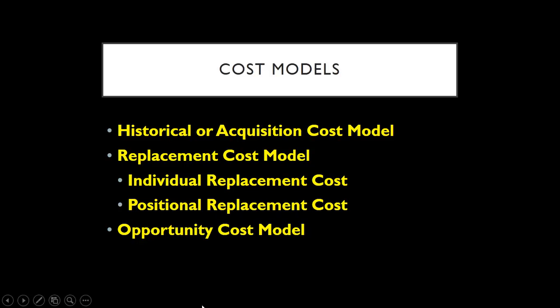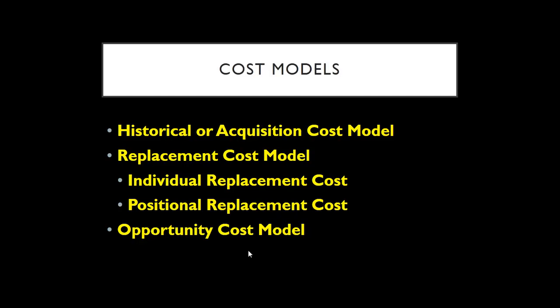In case of the opportunity cost model, a single human resource may be required by different responsibility centers. The value that each center is trying to put on this resource, the highest of that will be taken as the value of the human resource. In the opportunity cost model, we use the concept of the benefit sacrificed.